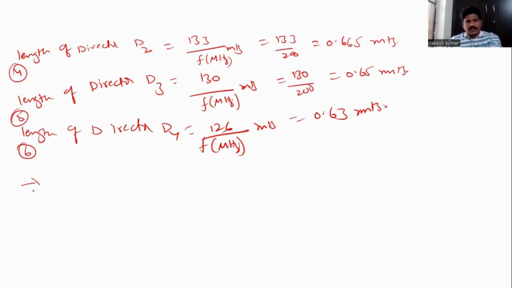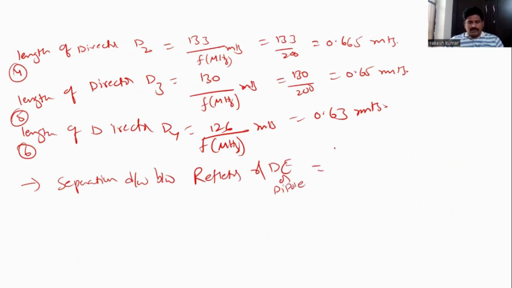Okay, now we'll calculate the separation. Coming to the separation distance between the first one, the reflector, and the driven element or dipole, the separation distance is 75 by F in megahertz, in meters.